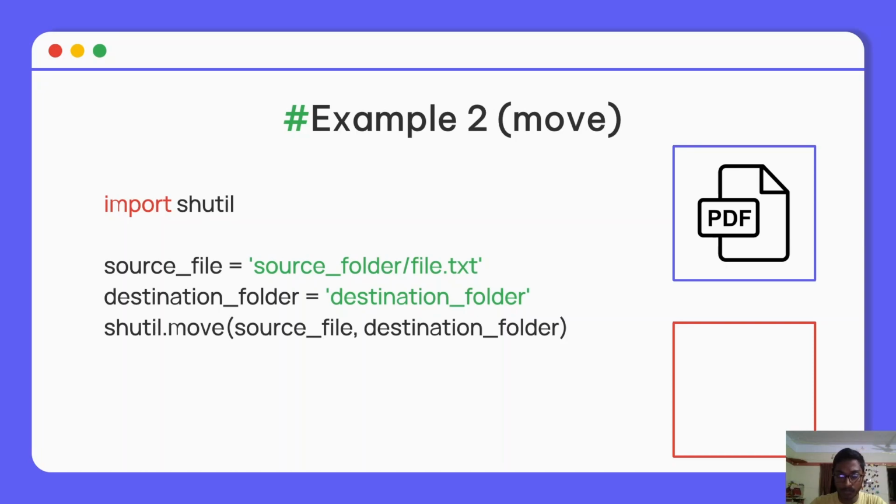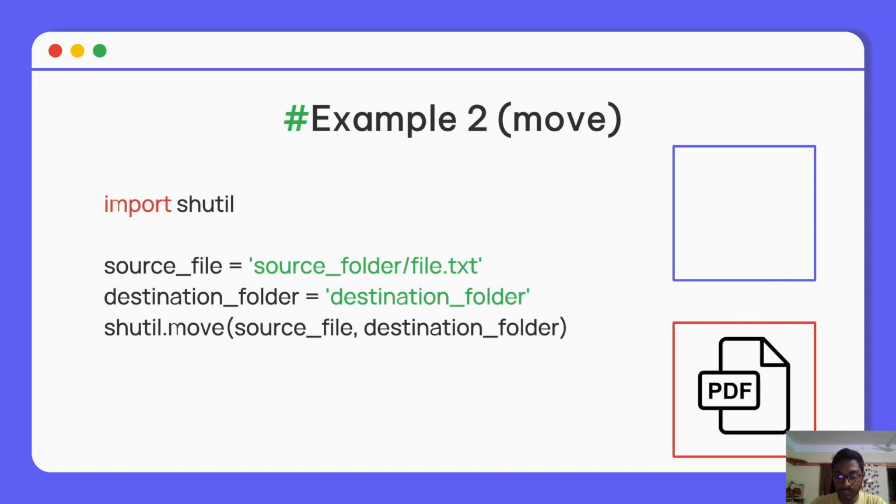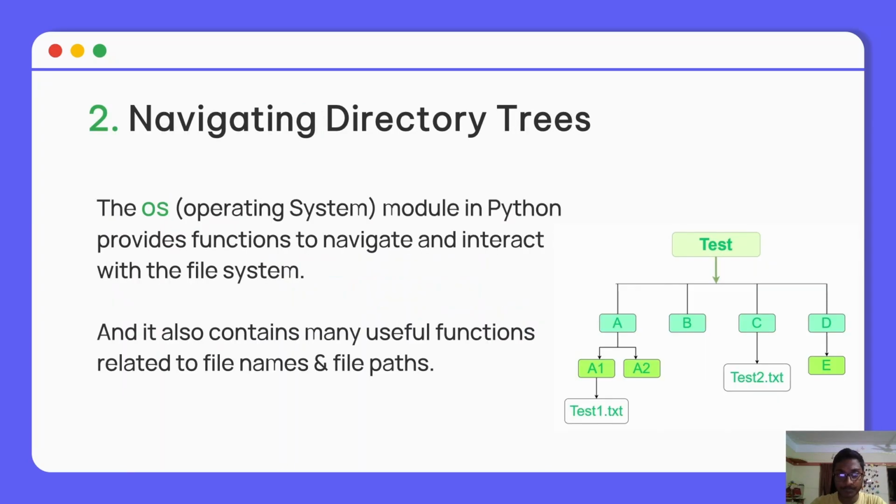Instead of the previous example, where the contents were copied from one file to another, here we are shifting the entire contents from one location to another. Imagine this blue square box is the C drive and this red square box is the D drive. You transfer all the content from the C drive to the D drive. This is how the move option works with the help of the shutil module.